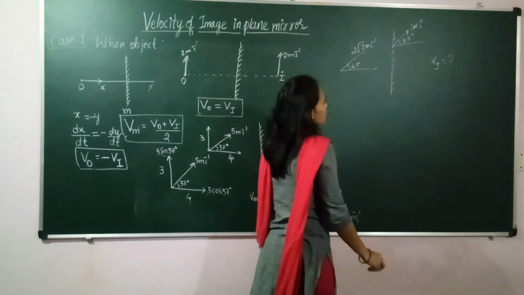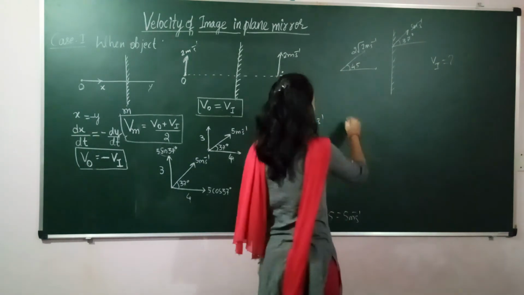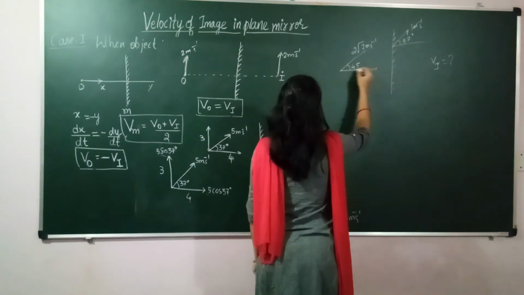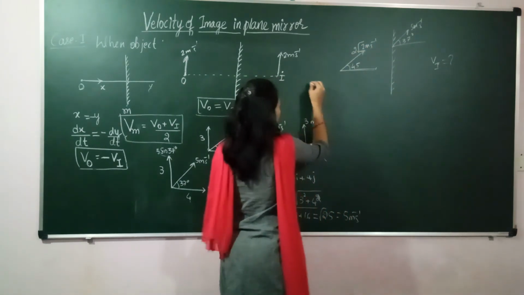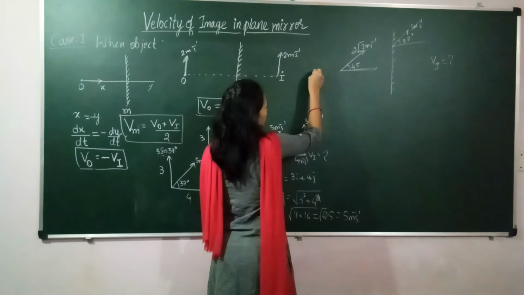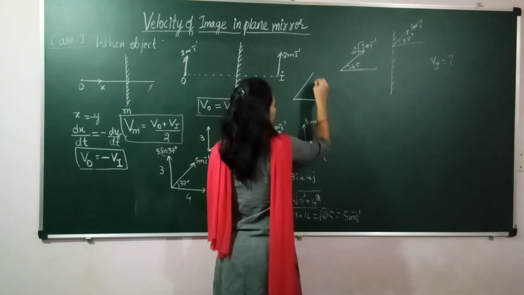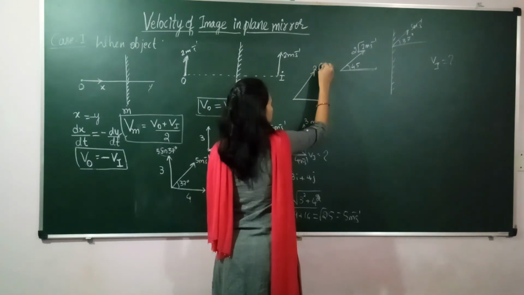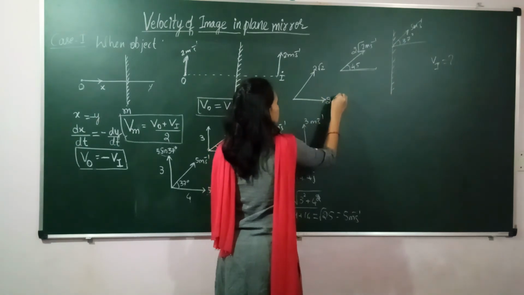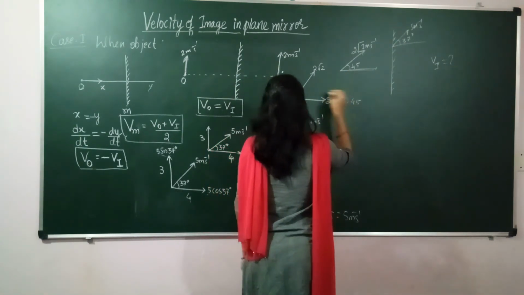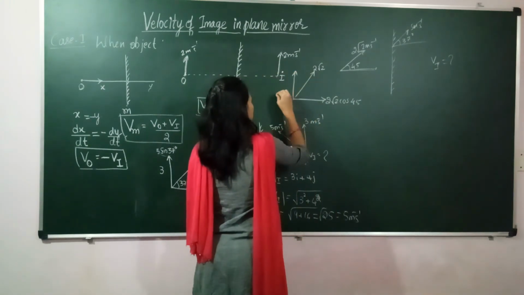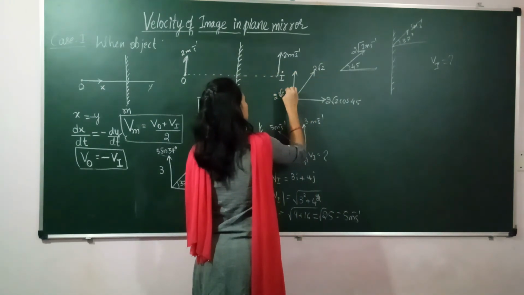So in this case, if we want to find velocity of image, then first we will split this velocity into two components. If this is 2 root 2, then this can be written as 2 root 2 cos theta, theta is 45 degree, and here this can be written as 2 root 2 sin 45 degree.